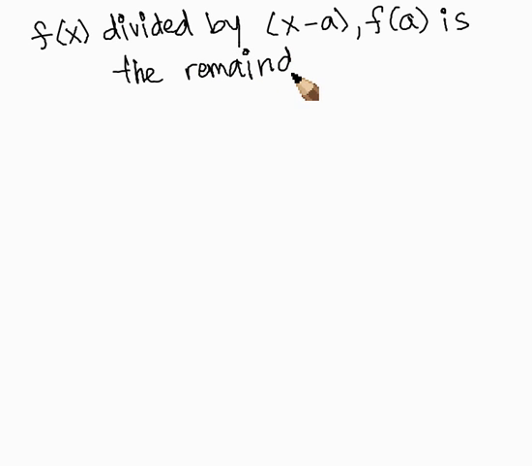To say it's a theorem is rather funny because it's essentially an observation. We did long division and we found the remainder. And the next thing we did, if you remember, was substitute a inside the function. Instead of x, we took the value and chucked it in.